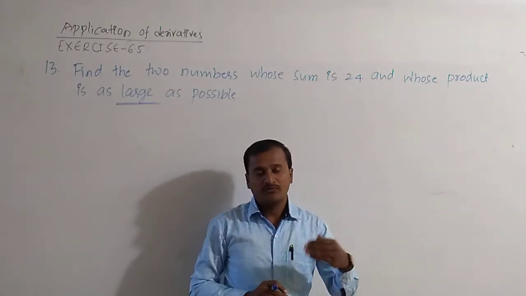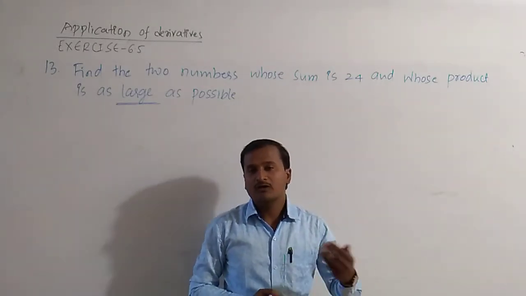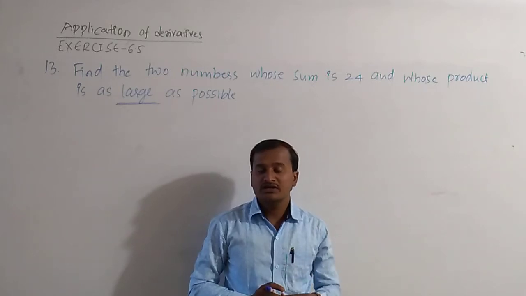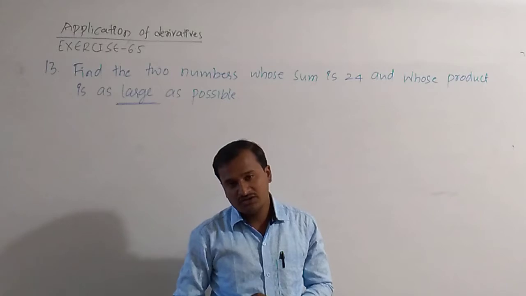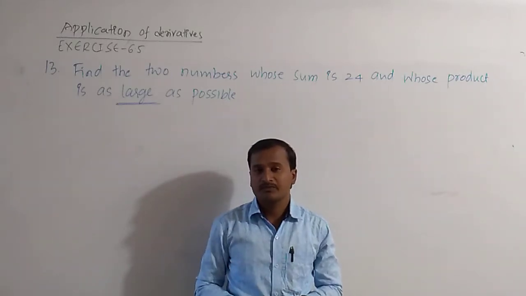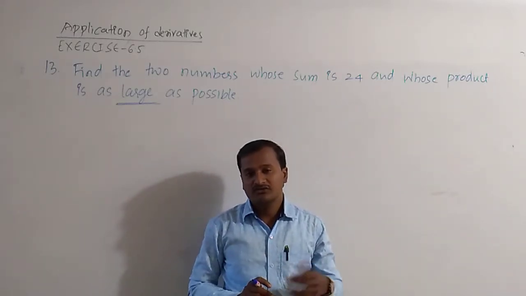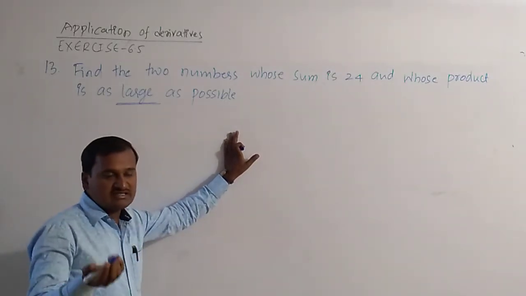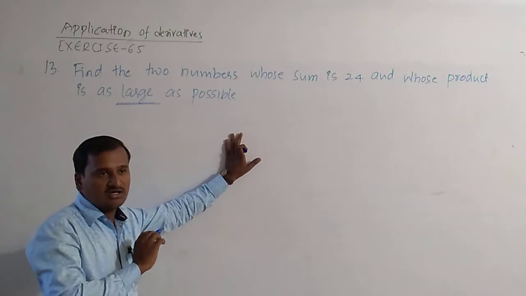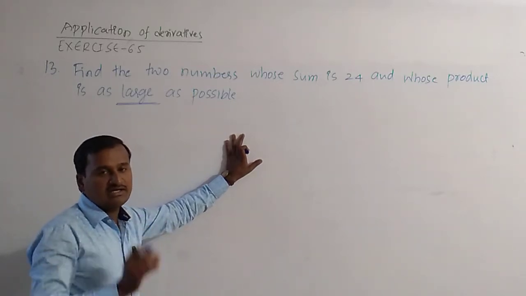So to find the maximum value or minimum value we are using the second derivative test to check where the given function is maximum. So to show this function is maximum we should check its second derivative is less than 0.